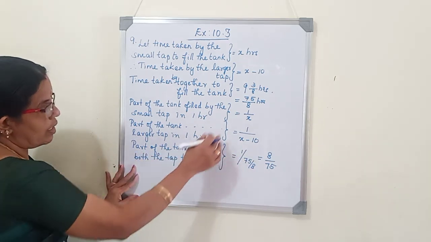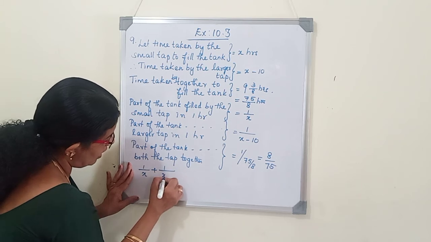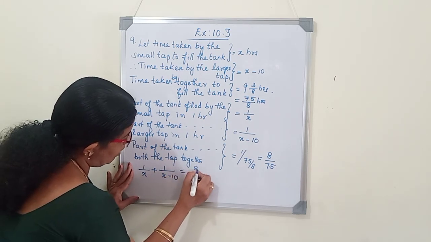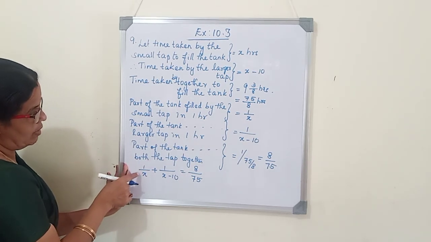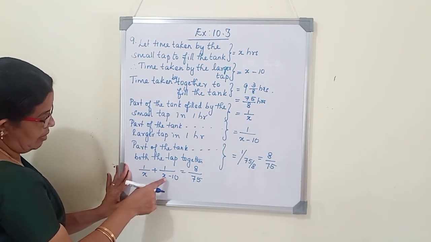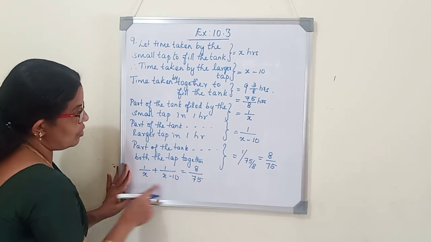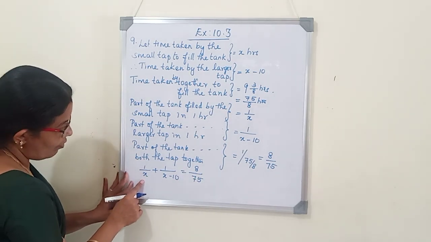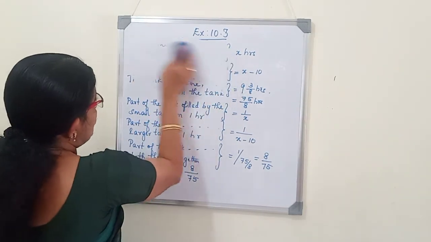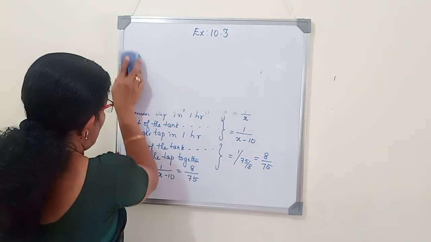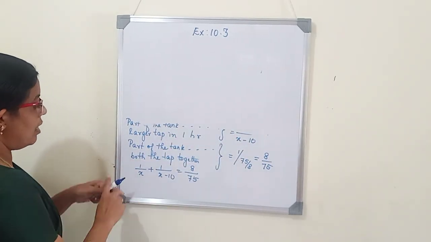Therefore the equation is 1 by x plus 1 by x minus 10 is equal to 8 by 75. The part of the tank filled by the smaller tap in 1 hour plus the larger tap in 1 hour equals the part filled together in 1 hour. So this is all 1 hour. Now we will take the LCM and simplify. The LCM is x into x minus 10.